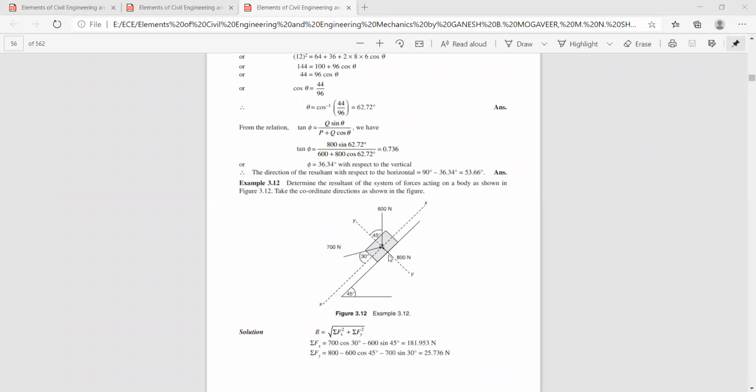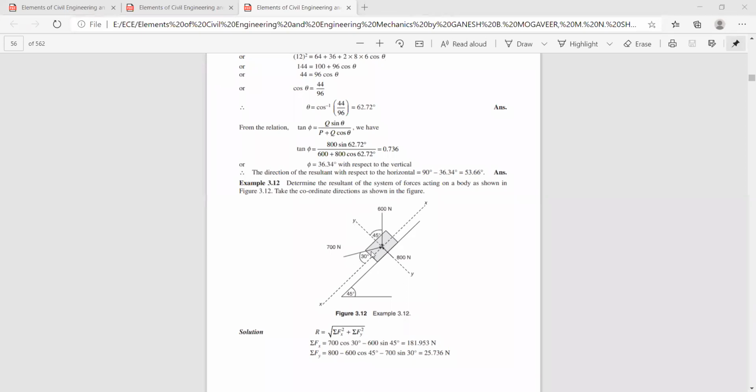You can see the 800 Newton force is acting along the y-axis in the upward direction. So 800 sin 0, or simply take it as 800, minus 600 cos 45, or 600 sin 45 if you resolve with respect to the x-axis.